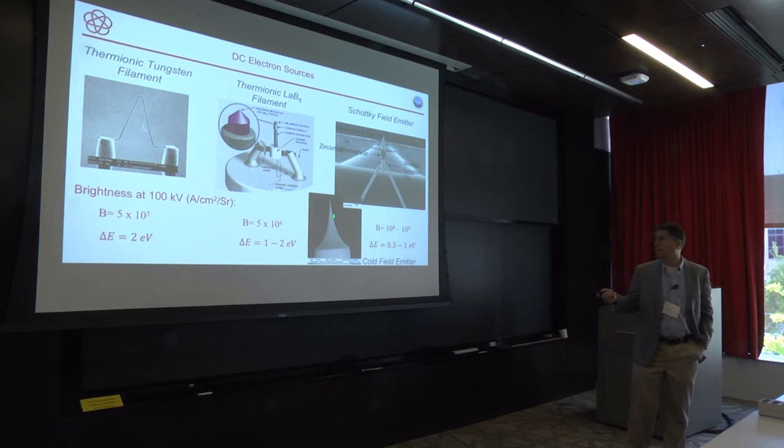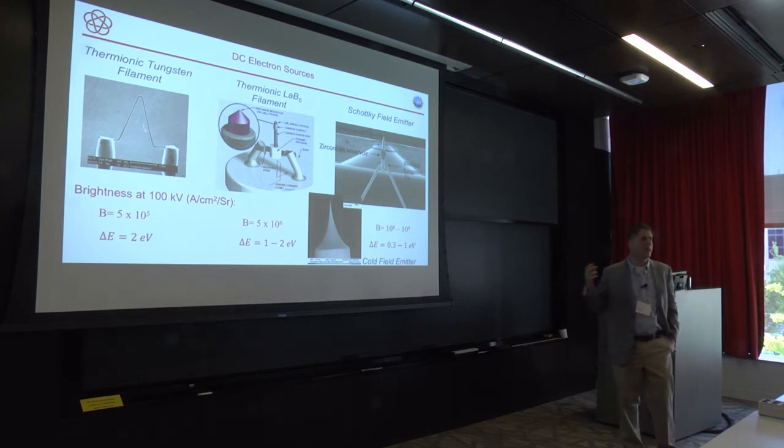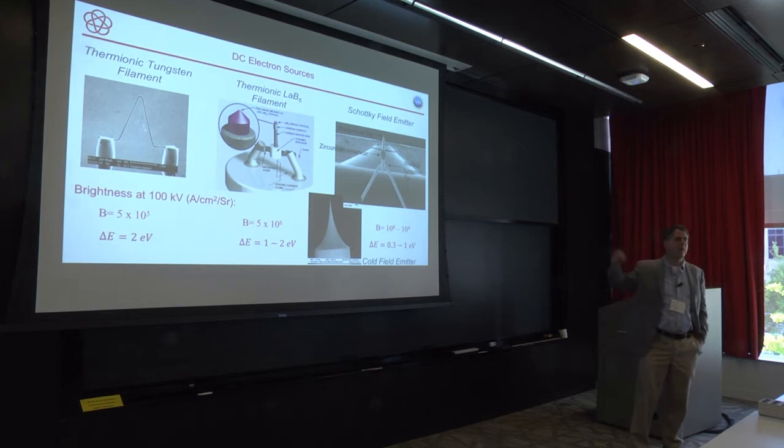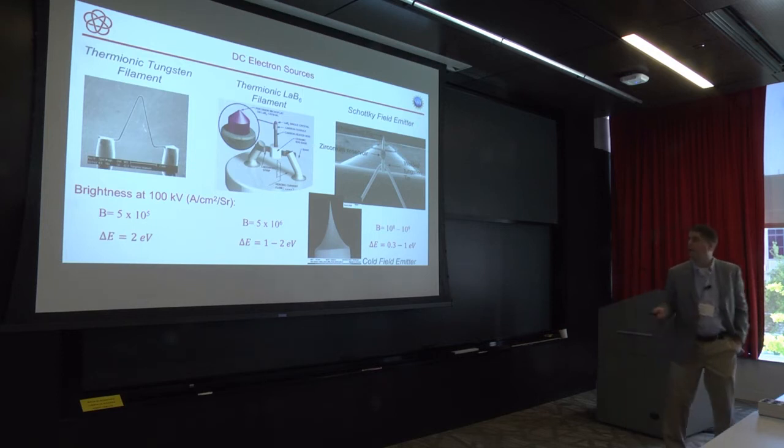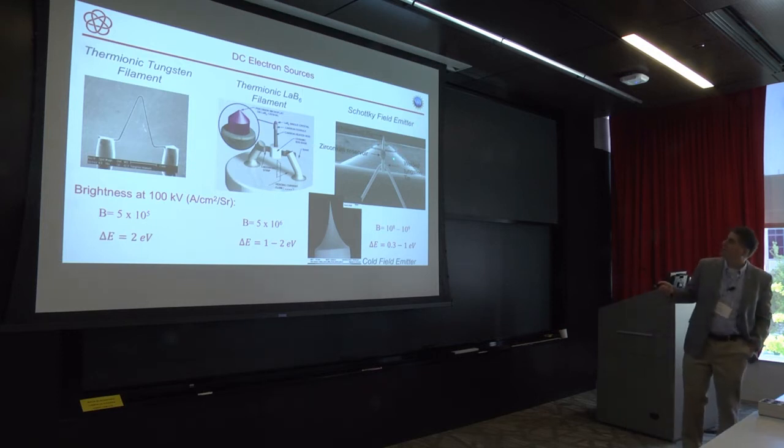As you use this and heat it up to clean it, it blunts out. When it gets to about 100 nanometer radius of curvature, it no longer gets a large enough field to field emit, and then you have to go change it.